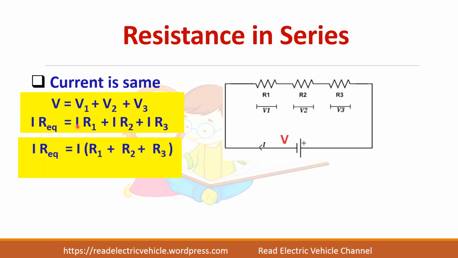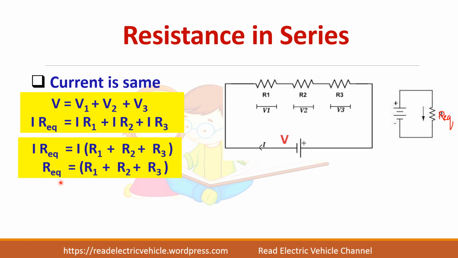So you take I as common, you will get R1 plus R2 plus R3. So R equivalent is R1 plus R2 plus R3. So in a series circuit, you can add all the resistances together to find the equivalent resistance. So I can minimize the circuit like this: the total applied voltage V and R equivalent, where R equivalent is the sum of all the resistances.